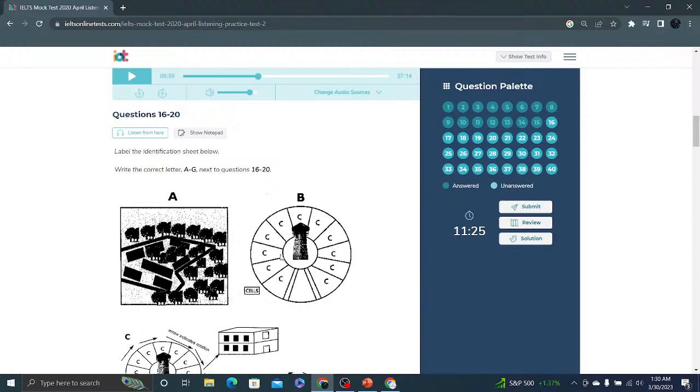As he was saying, the cells within the wheel, you can see these are the cells. And he was saying the cells within the wheel-like structure were also triangular in shape. So B would be the answer.